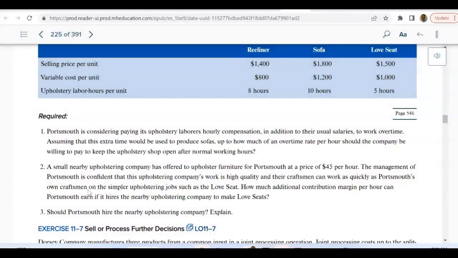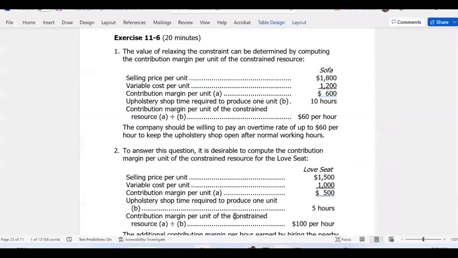The management of the company is confident that this upholstering company has high quality craftsmen, and there is no issue on that part. So how much additional contribution margin per hour can the company earn if it hires the nearby upholstering company to make love seats for them?